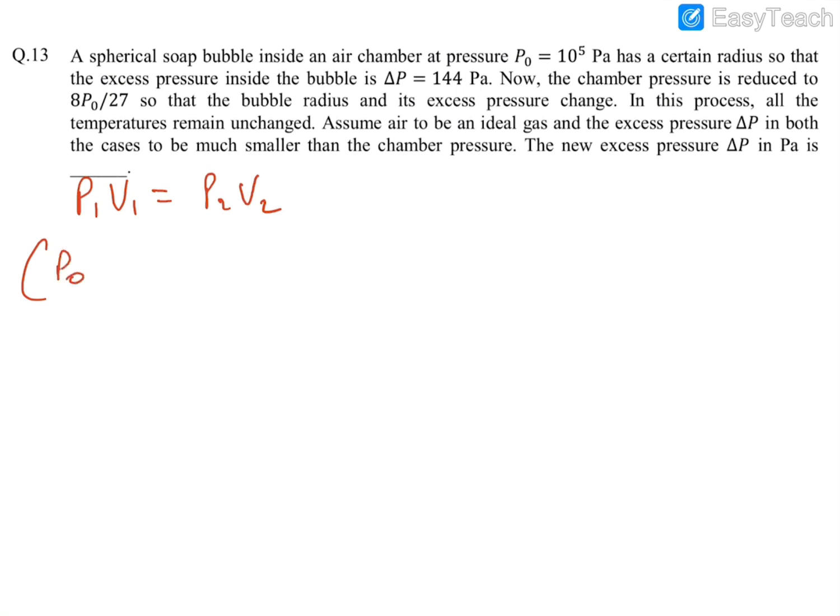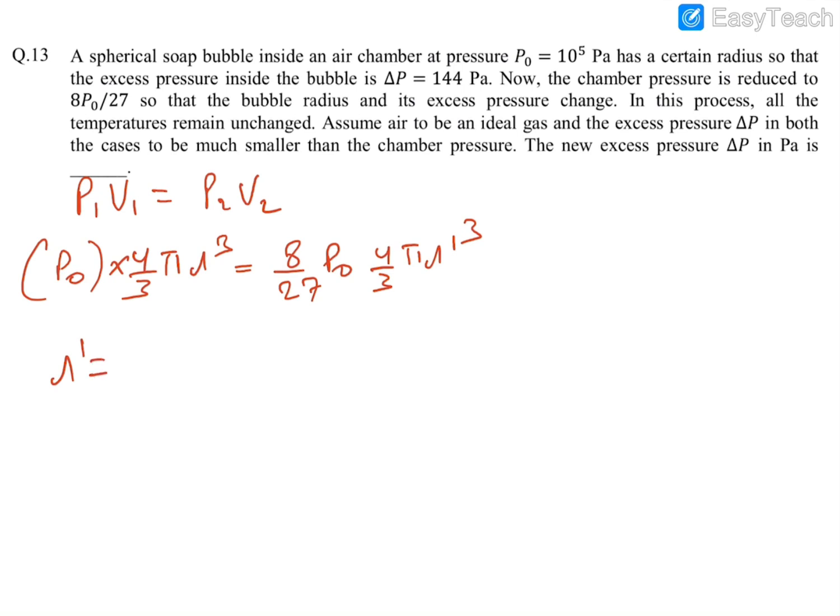So it is P naught into volume 4 by 3 pi r cube, and this P2 is 8 by 27 P naught, and volume is 4 by 3 pi r dash cube. So r dash will be equal to 27 by 8 r, to the power 1 by 3. So r dash will be equal to 3r by 2.